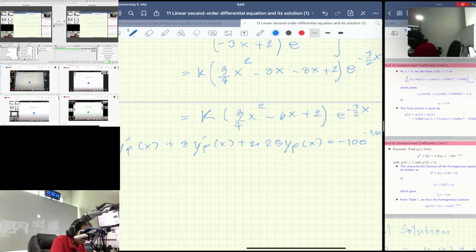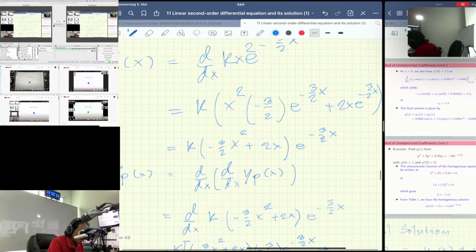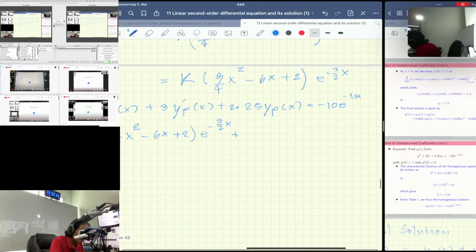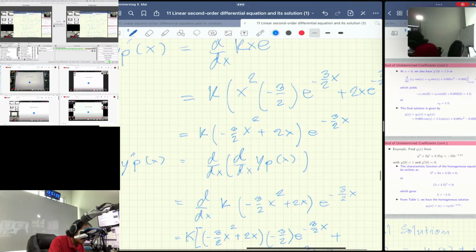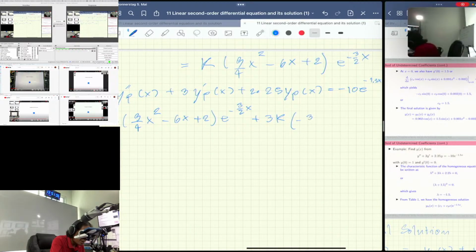You can see that it's going to be k, 9 by 4 x squared minus 6x plus 2, exponential negative 3 by 2x, plus 3 y prime, so 3 of these one, 3k, negative 3 by 2 x squared plus 2x, exponential negative 3 by 2x.